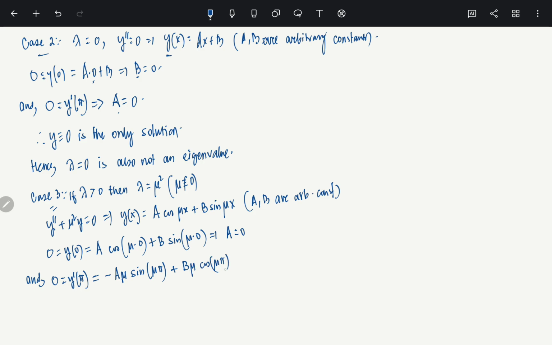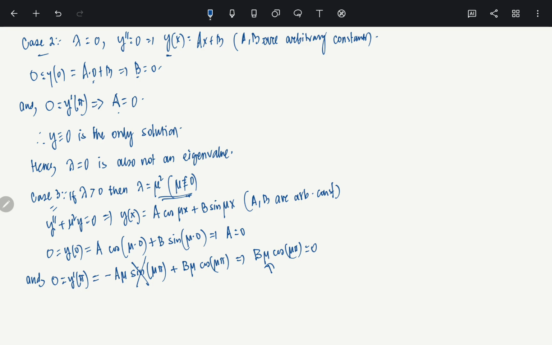But a is 0, so this term is gone. Essentially that implies b mu times cosine mu pi has to be 0. Can mu be 0? No, mu is not 0, so this is out of the question. So b times cosine mu pi is 0.